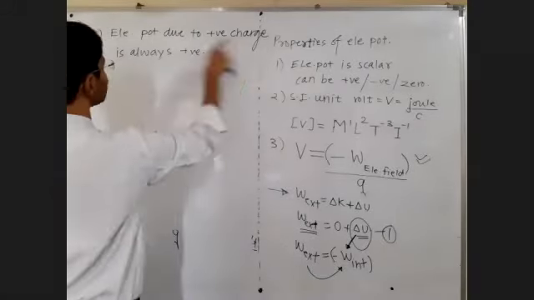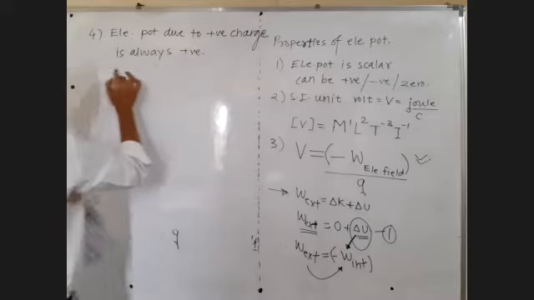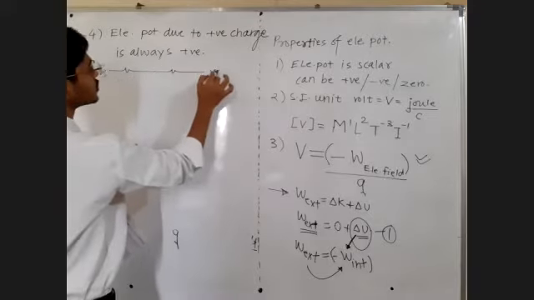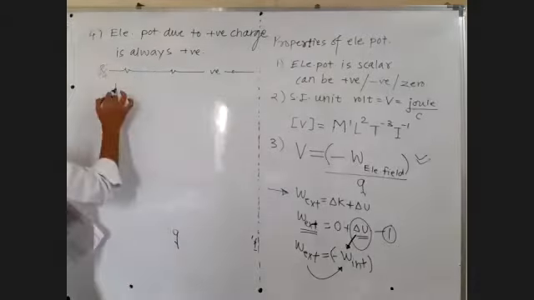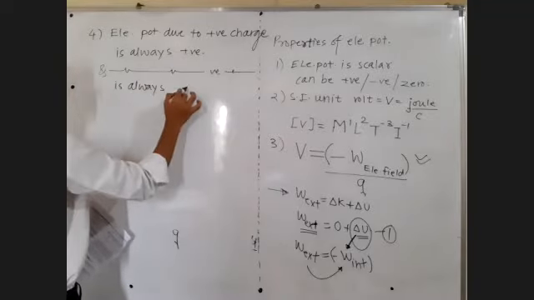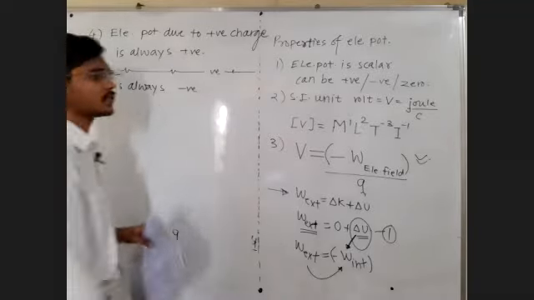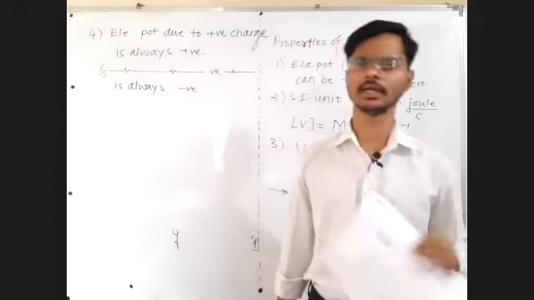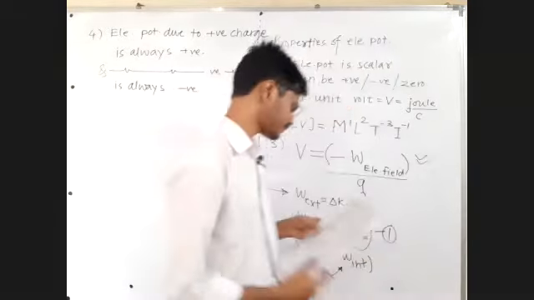Potential due to positive charge is positive. Potential due to negative charge is negative. Okay, sir.